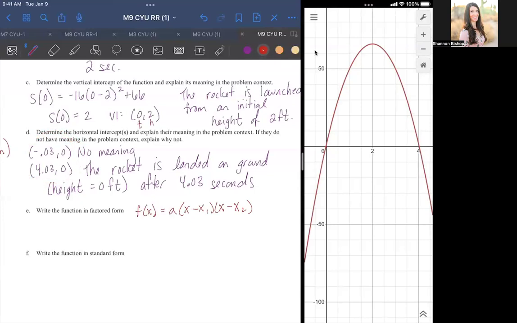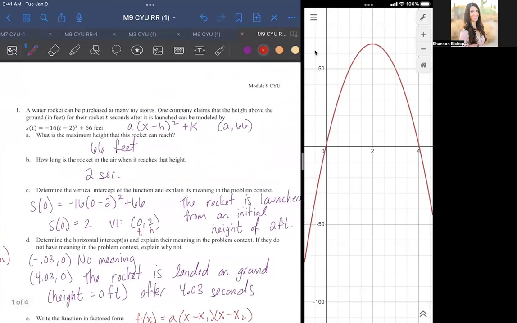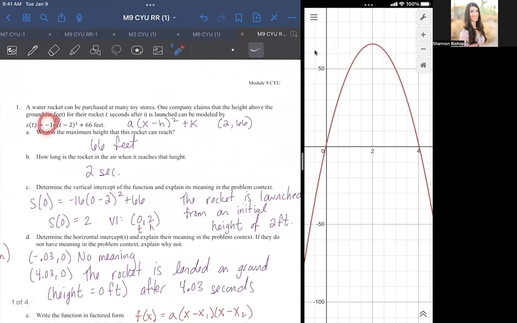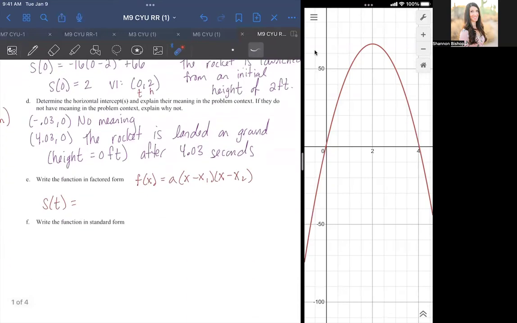So if we just use those, our function is s of t. The a value was given to us in the original problem as negative 16, so it still is negative 16. And now t minus my first x-intercept, which was negative 0.03.